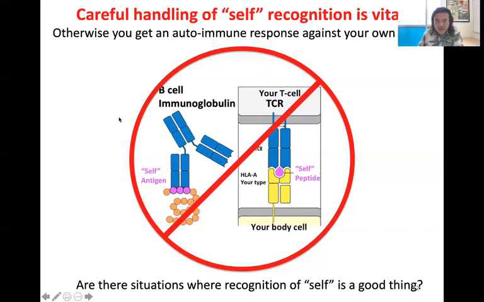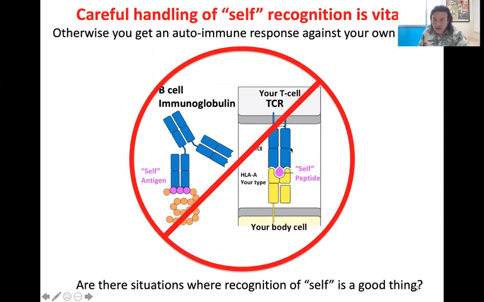So in the case of a B cell's immunoglobulin, let's say this is an Ig that came from a B cell that was allowed to go to work in your immune system. And here, let's say this is a peptide or some other normal molecule in your body, a protein, a carbohydrate, some sort of lipid that just happens to have the right epitope shape for this antibody to bind to. That would be trouble, right?